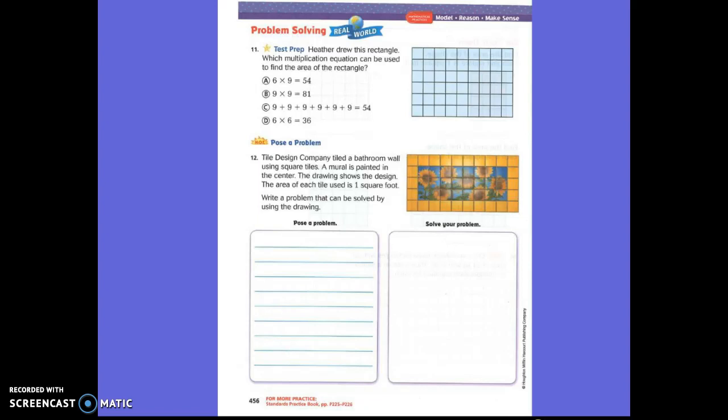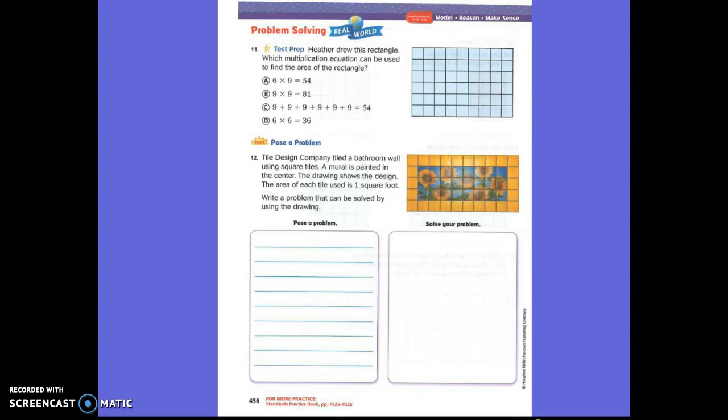Okay? Let's try it for a different one. What do you think, Callie? What is the area of the mural? I have one better for you. I'm going to give you a subtraction one.